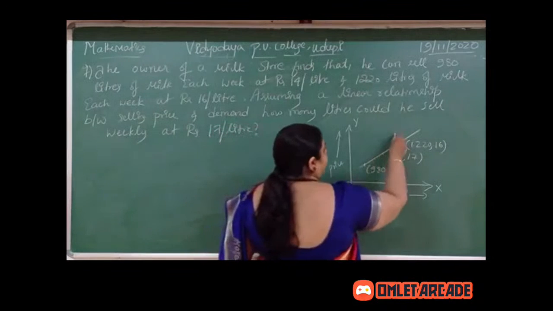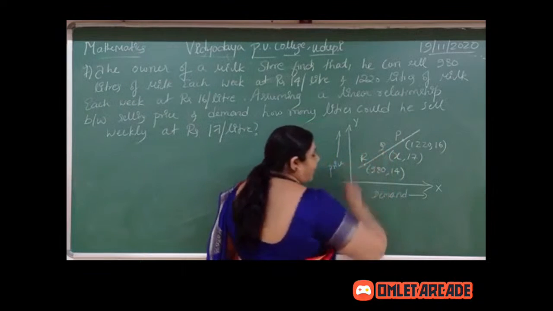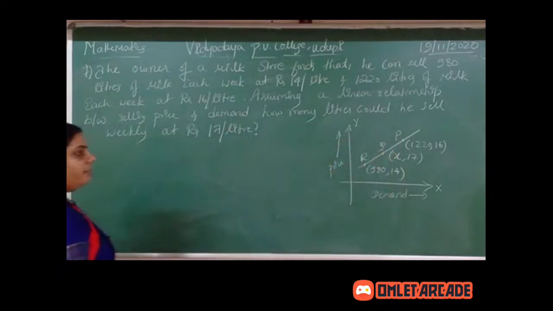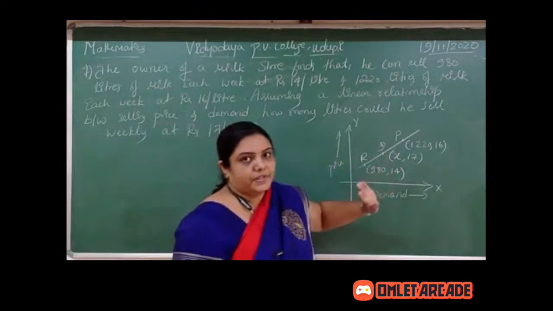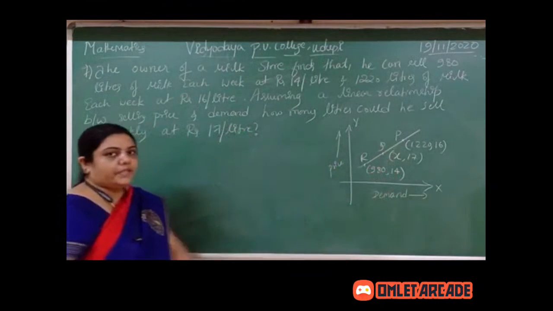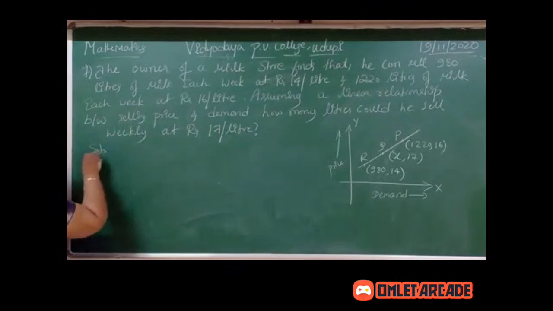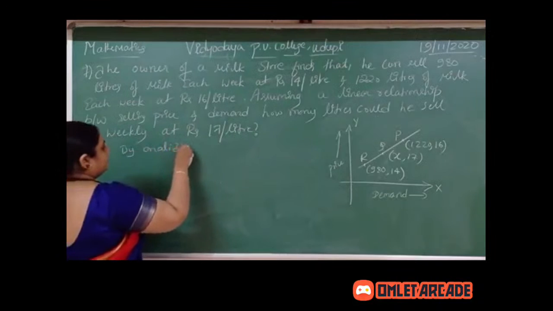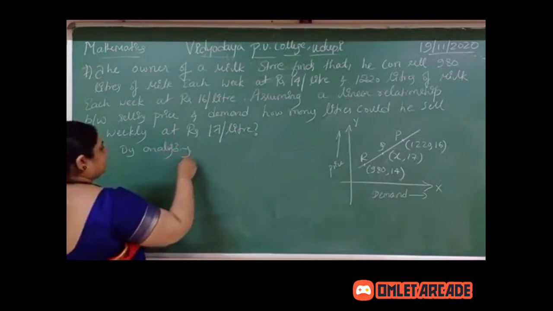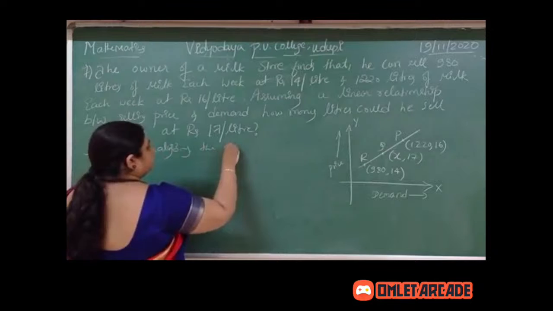Let me take these 3 points as P, Q, R, and we'll solve for x. First take the picture and in the solution write down by analyzing the problem.